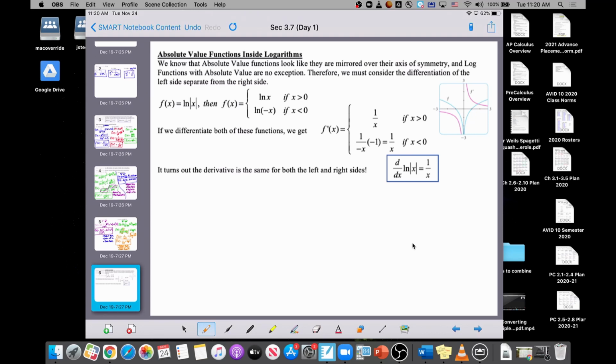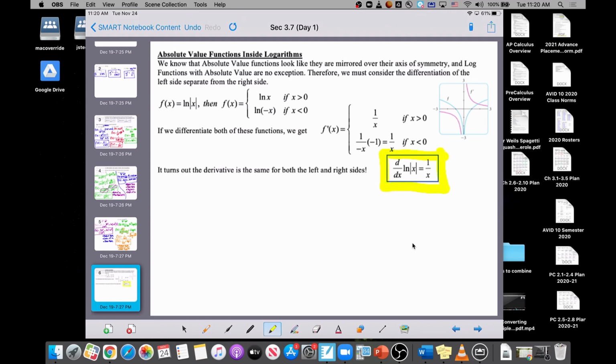But notice that the negative from the chain rule cancels out the negative from the negative x in the bottom, and so we still end up with 1 over x. So because of the chain rule, it turns out that the derivative is the same for both the left-hand side and the right-hand side, and the derivative of the natural log of the absolute value of x is 1 over x on the left-hand side and on the right-hand side.